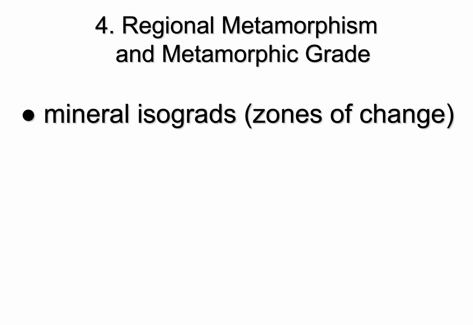So we can subdivide an area using mineral isograds. Within our zones of mineral isograds, we have zones of changes in mineral chemistry of a rock assemblage, or even changes in the chemistry of a certain mineral.